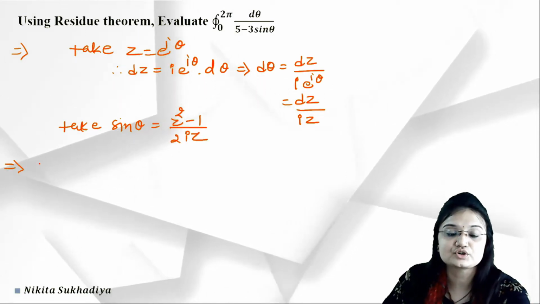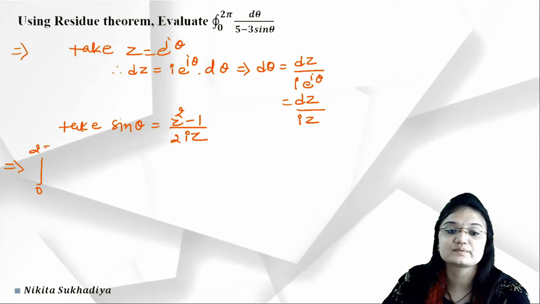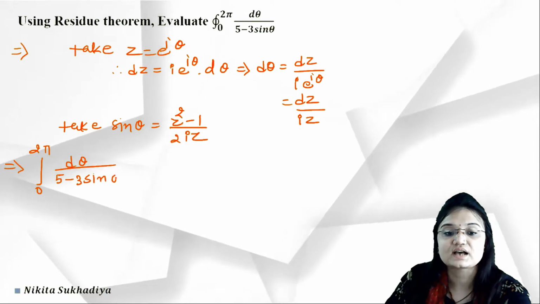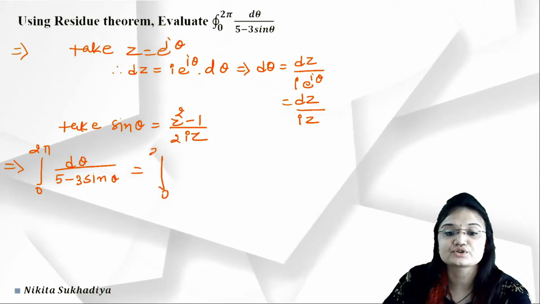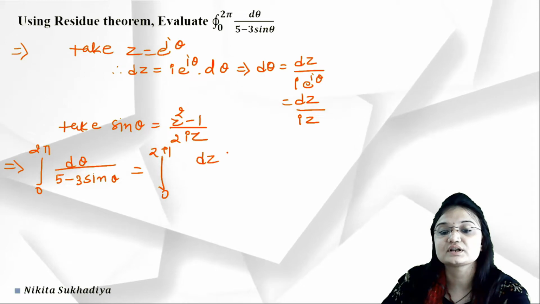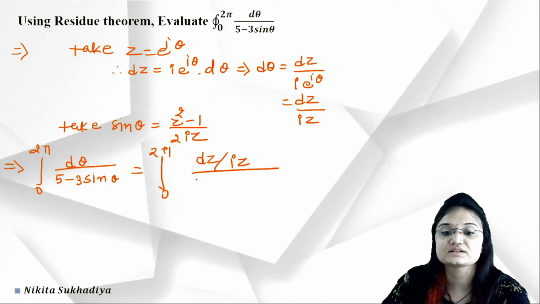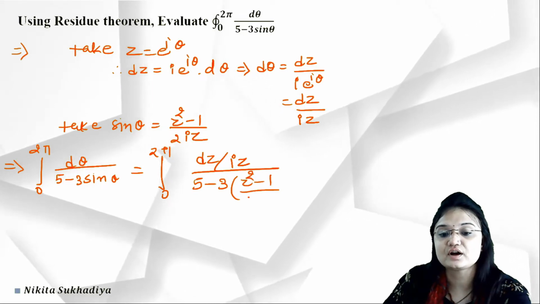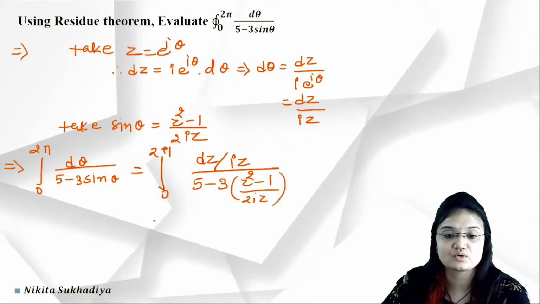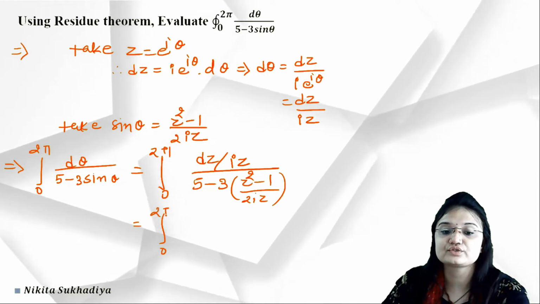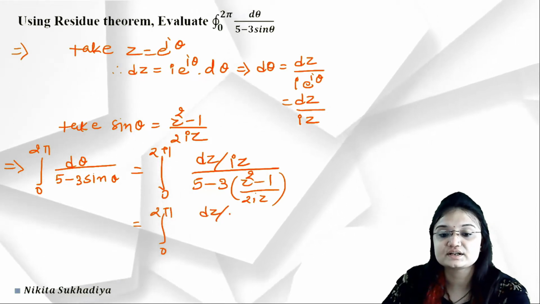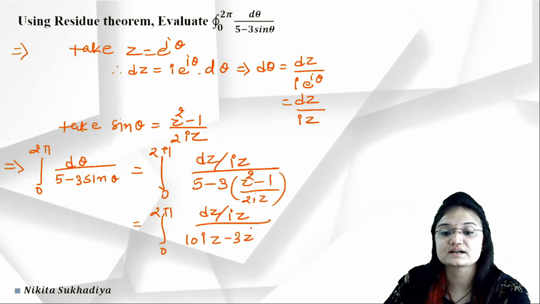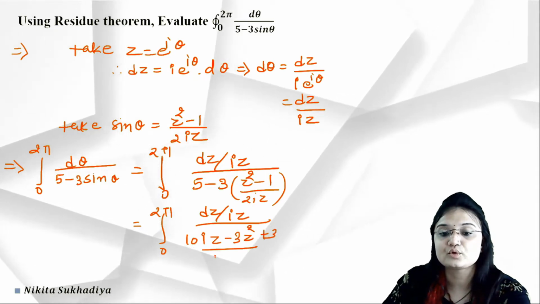Now substitute all this in the integration. The integration from 0 to 2 pi of d theta upon 5 minus 3 sin theta becomes dz upon iz, and 5 minus 3 sin theta is 5 minus 3 times z squared minus 1 upon 2iz. This becomes the integration of dz upon iz over 10iz minus 3z squared plus 3 upon 2iz.